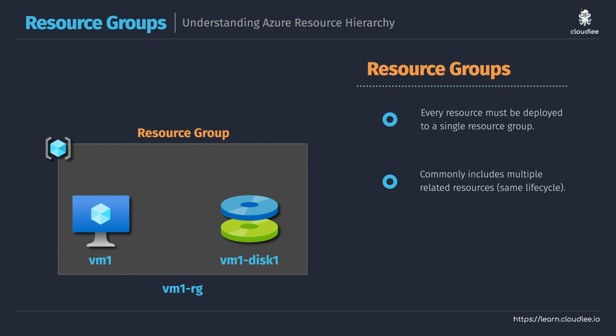All of the related resources that share the same life cycle. So a virtual machine might have a virtual network, a virtual machine disk, and maybe some other resources like backup that you want to have all within a single resource group. It's really up to you how you choose to do that, whether you have one resource that's in there or a whole different range of related resources that are all deployed to the same resource group.